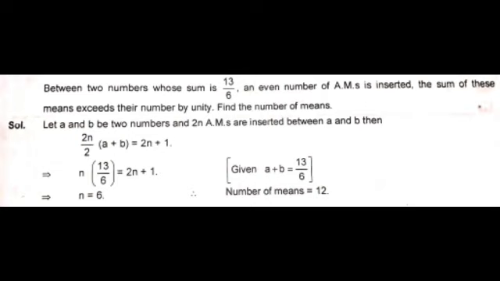(A plus B) by 2 is the arithmetic mean between A and B. It is equal to 2n plus 1, which after simplification, we are already having the sum of first term and last term given in the question as 13 by 6. So using that, here we have n into 13 by 6 equal to 2n plus 1, which gives n is equal to 6. Therefore the number of means we have considered is how much? 2n. So it is equal to 12. 12 is the right answer.